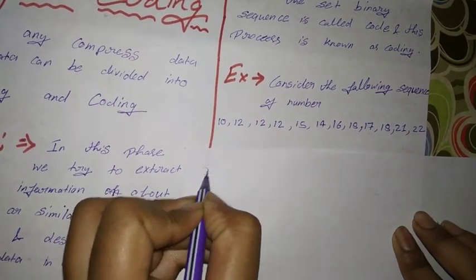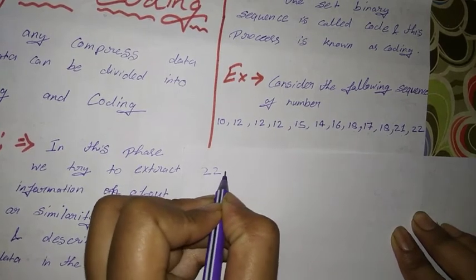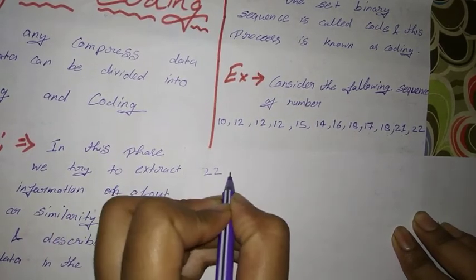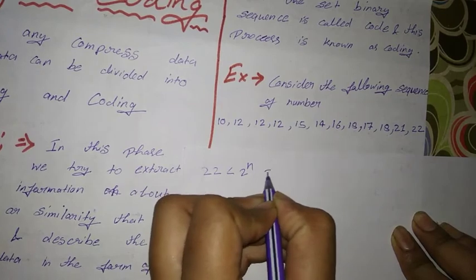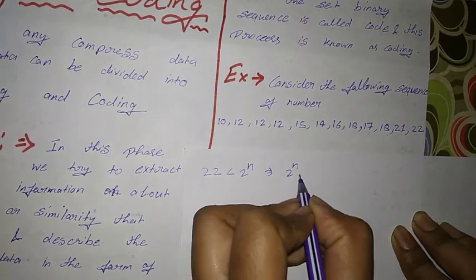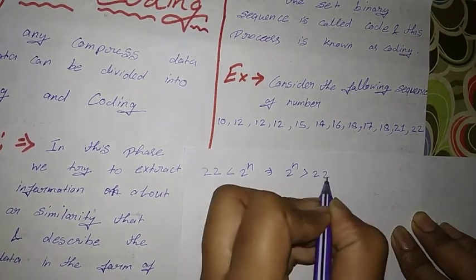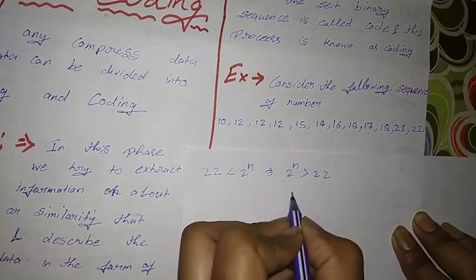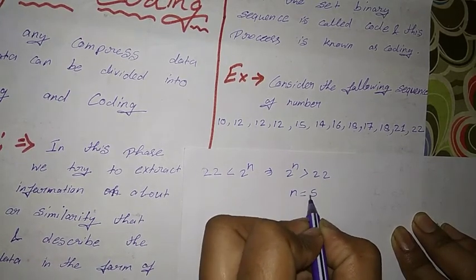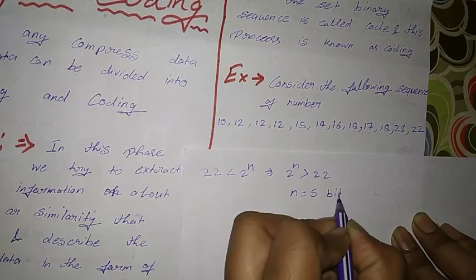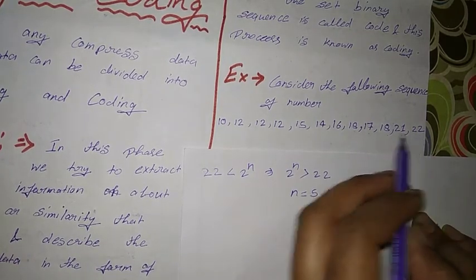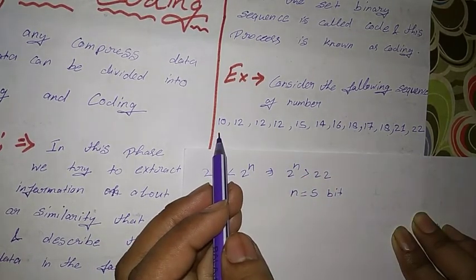The maximum number is 22, so 22 is less than 2 to the power n. Then n equals 5, means 5 bits are required to represent each number in fixed binary representation.